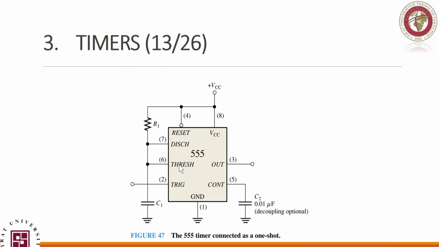Once we reach that level, the output will be low and the internal transistor will connect C1 back to the ground, and it will discharge until it reaches its 0 state as a charge. If we trigger again, then we will restart the process depending on the trigger.